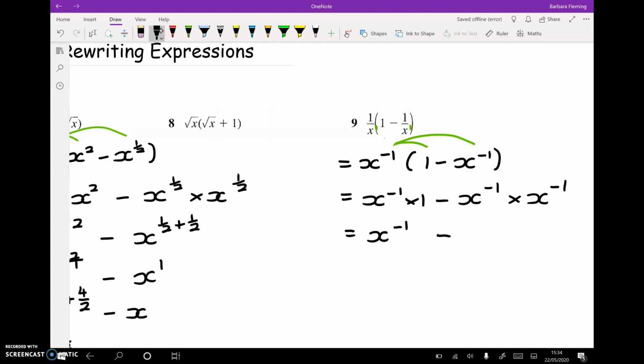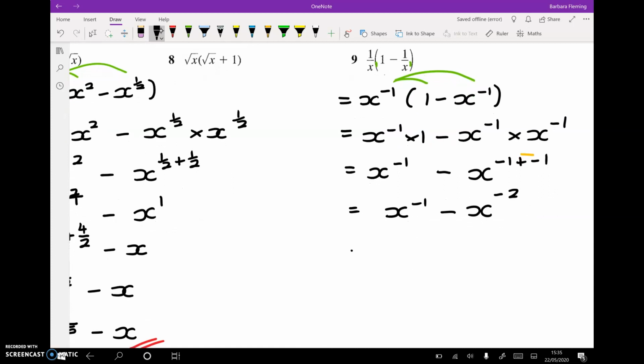We've got our takeaway in the middle, and we're multiplying, so we add our powers again, minus 1 plus minus 1. X to the power of minus 1, take away. So minus 1 plus minus, that's just going to be take away. Positive, negative battle, negative wins. Minus 1, take away 1, will leave you with x to the power of minus 2.